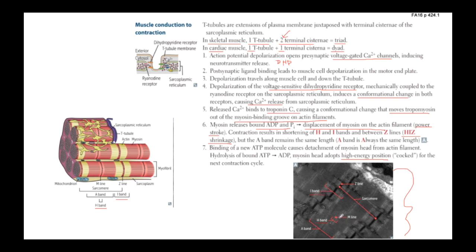Our H bands are demarked by our M line, which I like to remember as sort of like the middle of the sarcomere, and also where we find our myosin, and then the Z line being the ends, like the end of the alphabet. You have the end of the sarcomere being Z.